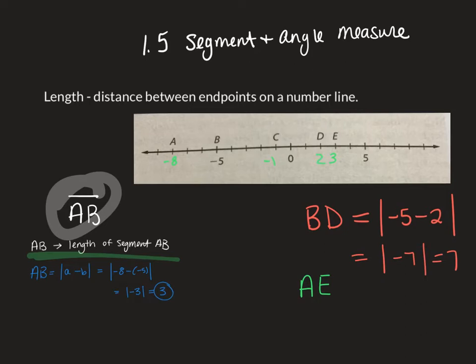Sometimes it's helpful for me to write in the other numbers, just so it's faster for me to figure them out. So from A to E, we're going to do -8 minus 3, which is the absolute value of -11, which is 11. So that means we've got 11 spaces from here to here. All right, so that's how you find the length of a segment on a number line.